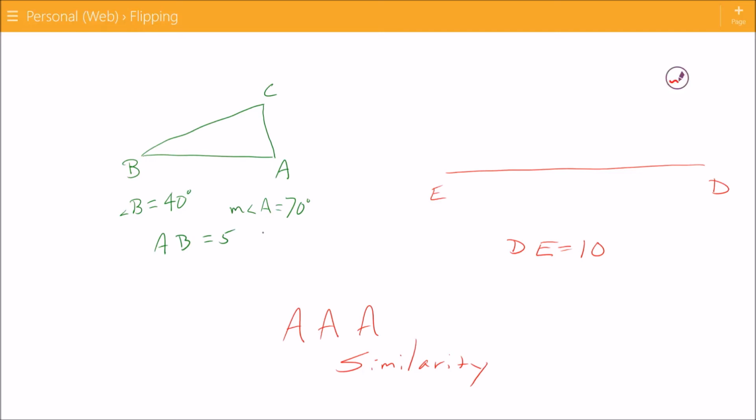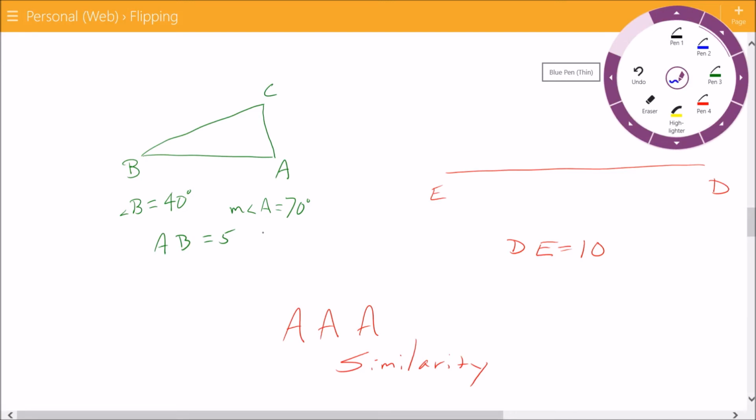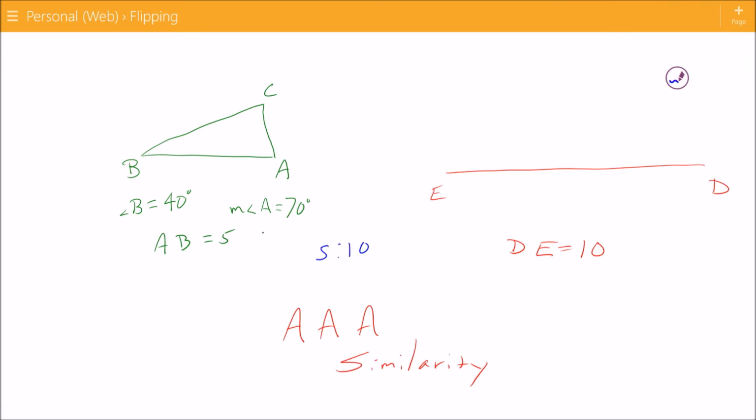So this time I've got my same triangle, basically, ABC on the left, but I've got DE this time with a length of 10. So my ratio here from triangle ABC on the left to triangle DEF on the right would be, let me put it in blue here so it stands out, 5 to 10, or 1 to 2.